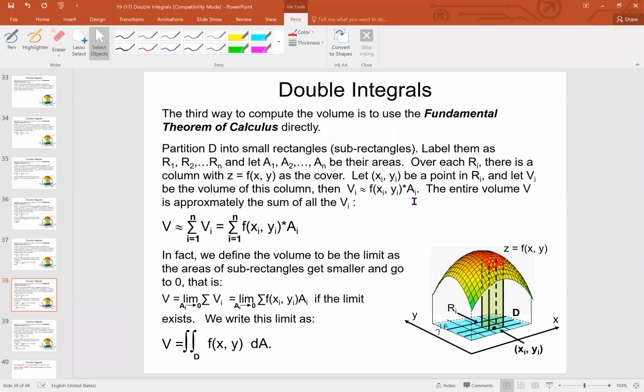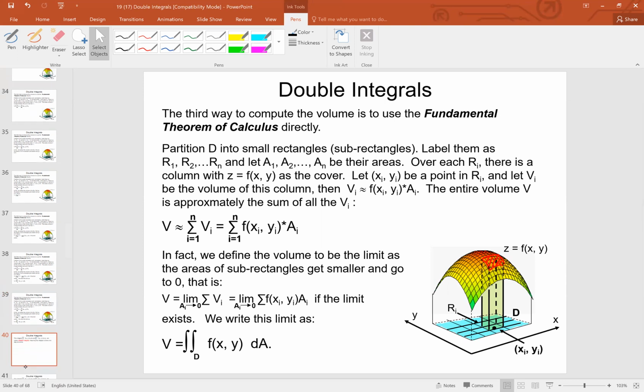We write it in this manner, and notice we say this is the differential with respect to A, where A is the area of a subrectangle. And then the following theorem says all three of them are the same.